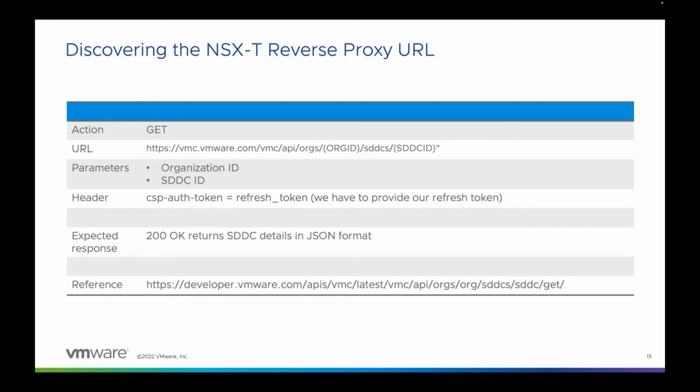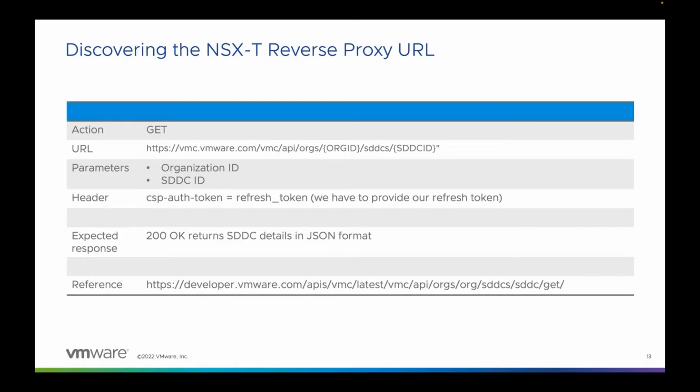But one of the things that we have to do initially is discover that NSXT endpoint. We can do that programmatically by querying for the SDDC info. And that's what this first example is going to show. In this case, we're getting the SDDC ID and details from this page.